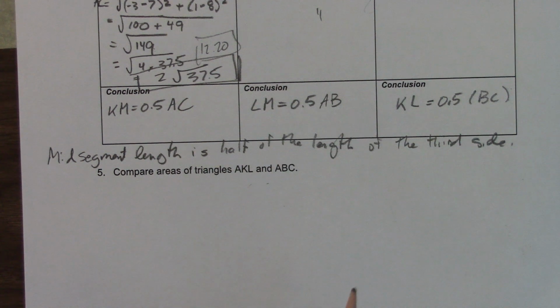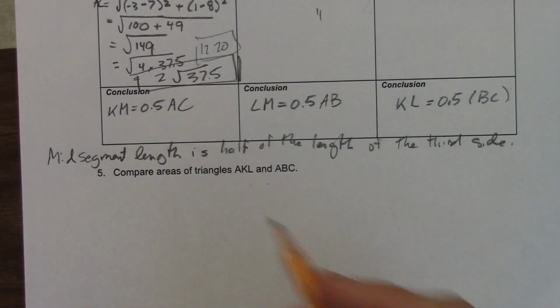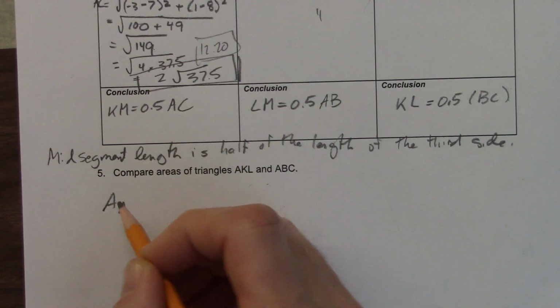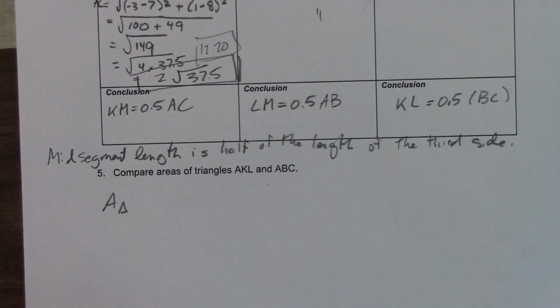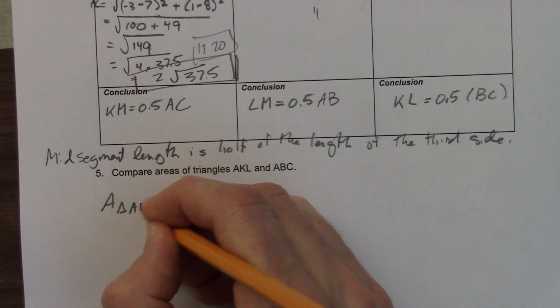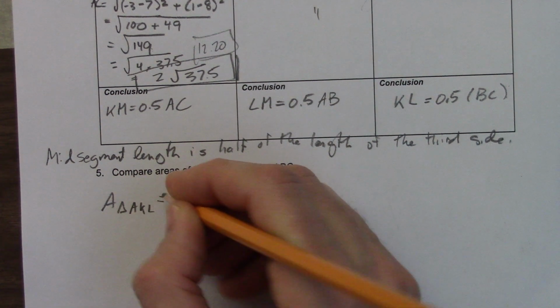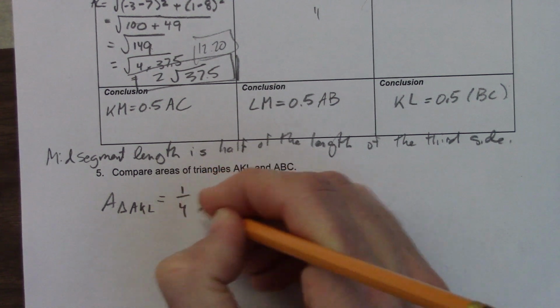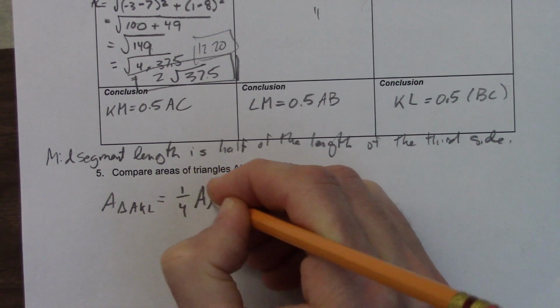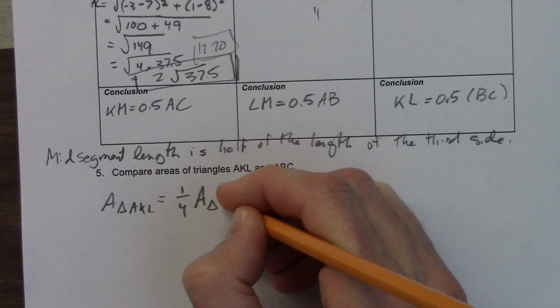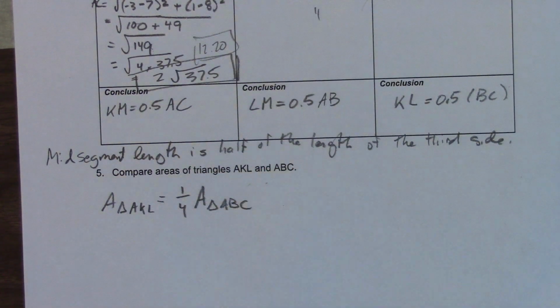And the conclusion would be that the area of triangle AKL is going to be equal to 1/4 of the area of triangle ABC.